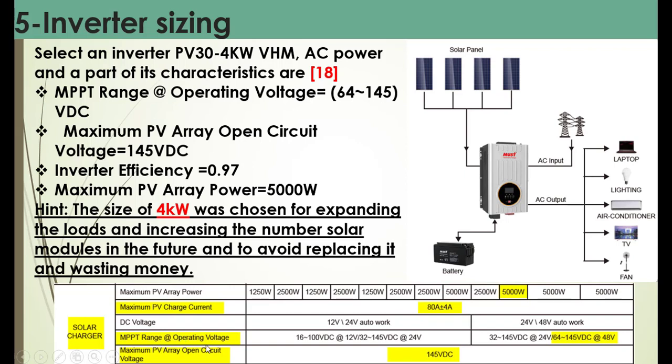This represents the MPPT range at operating voltage, at 48 volt, and the maximum PV array open circuit voltage, as we said, is 145 volt DC.